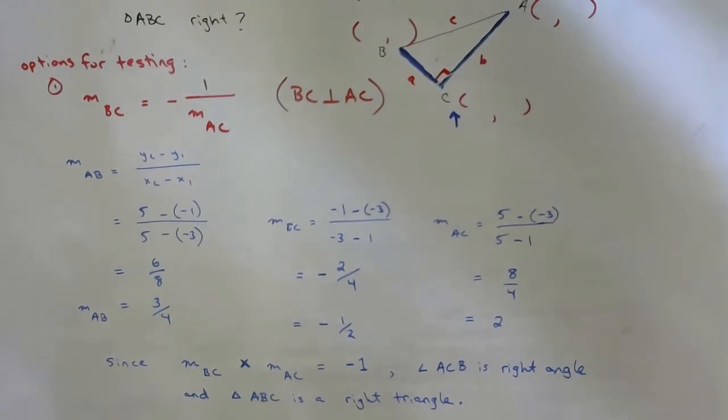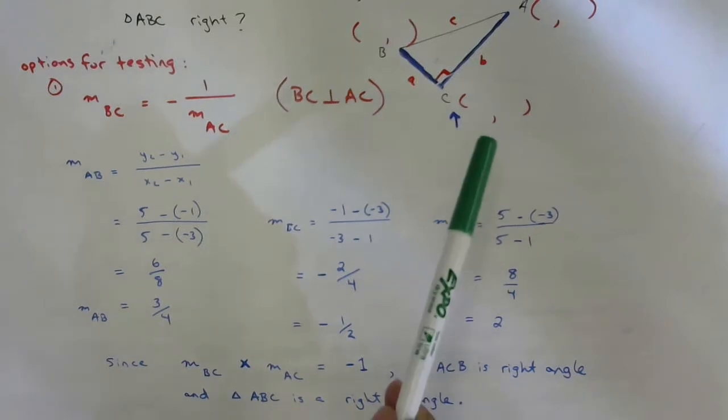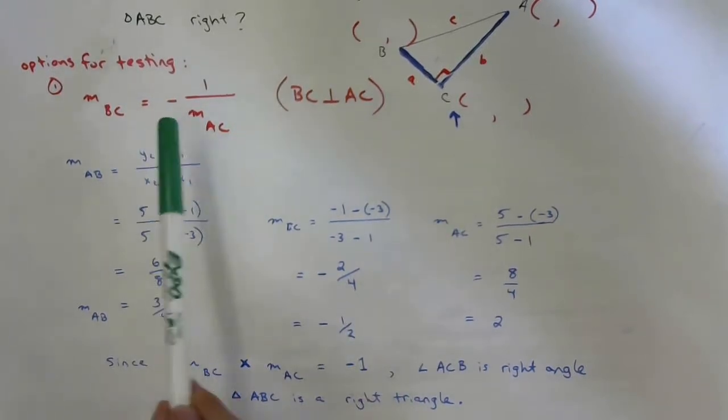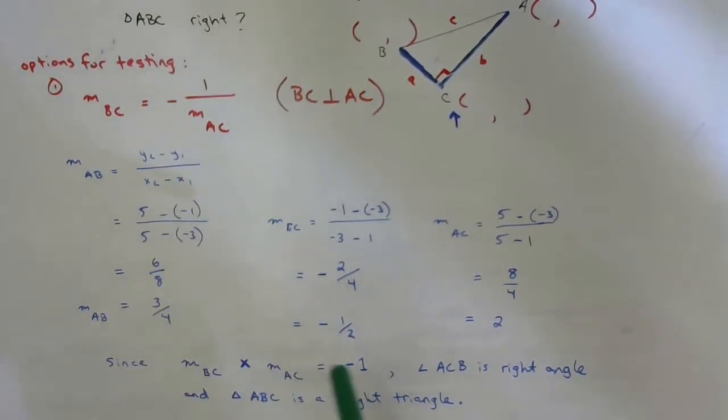We didn't change anything about the triangle, we just identified it, gave it a name as a right triangle. So we determined that if the product of two slopes equaled -1, then it would be right. So we tested all three line segments, got their slopes, found out two of them did form a right angle, therefore it is a right triangle.